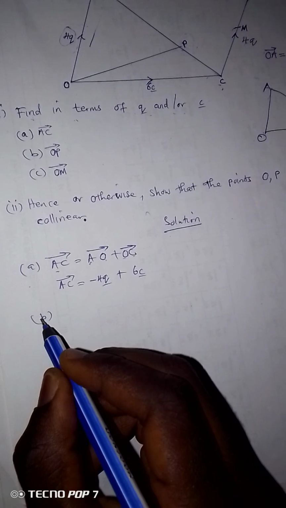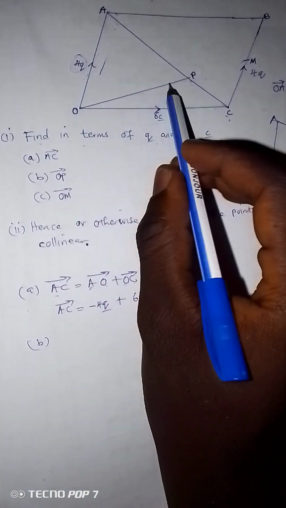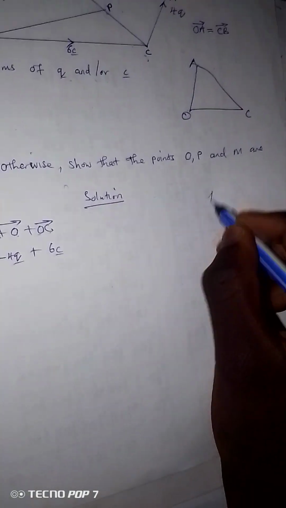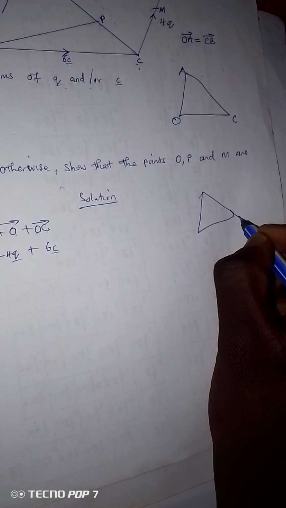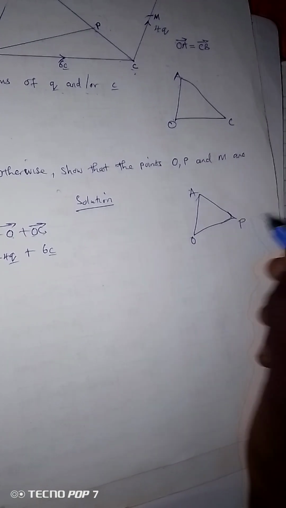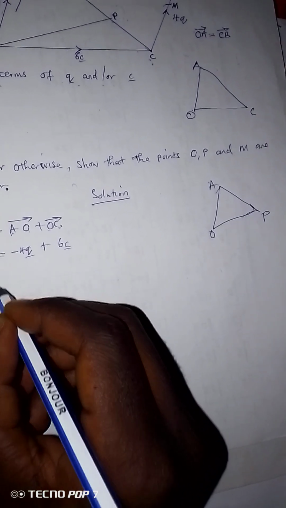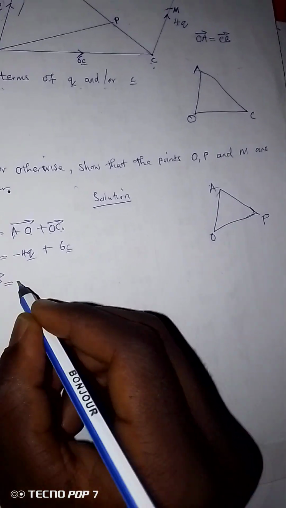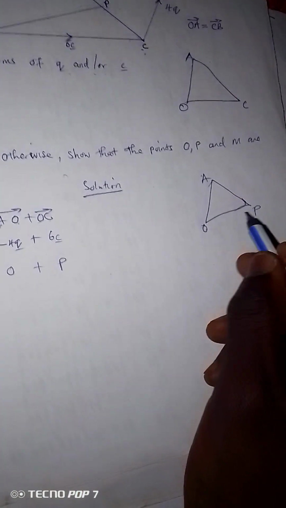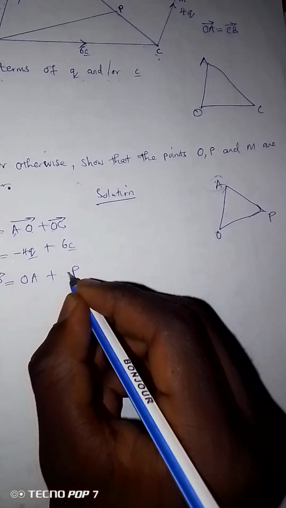Now they are saying find OP. The route I will take is this one. OP is equal to OA plus AP. The letter I've written is A, so I write A like this.